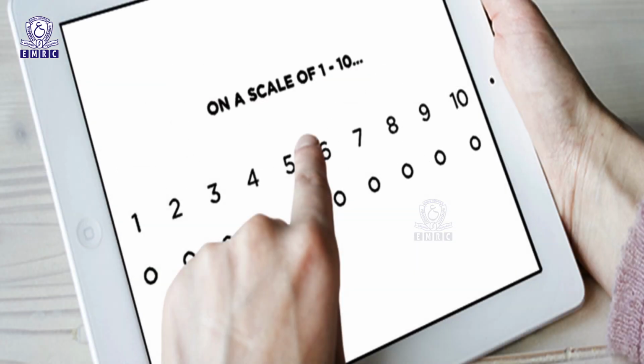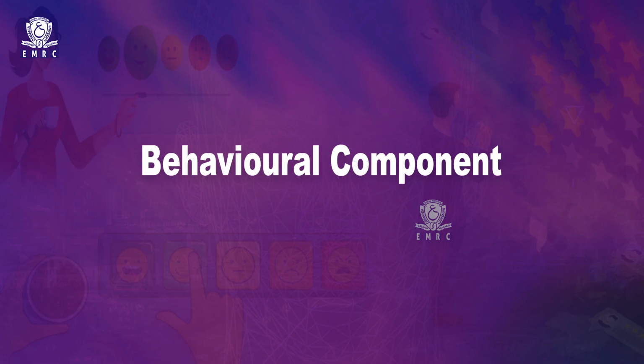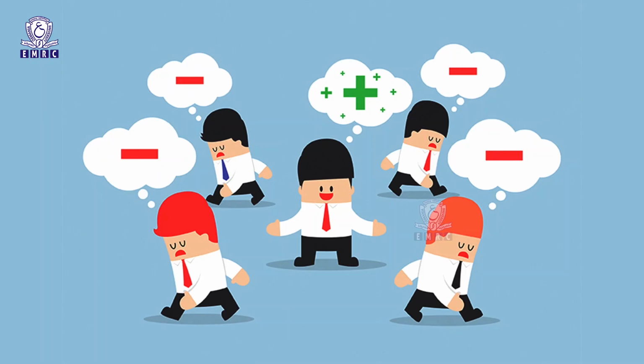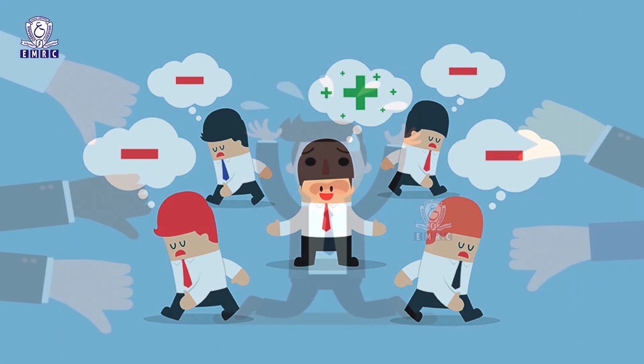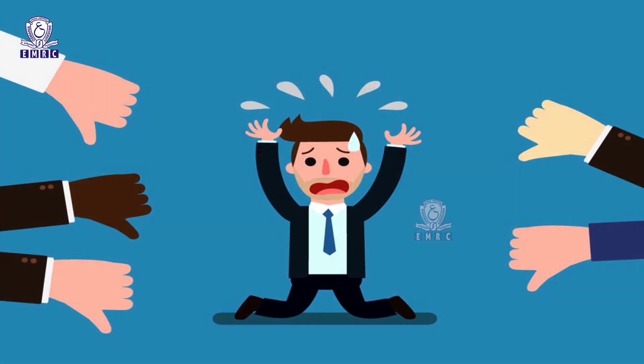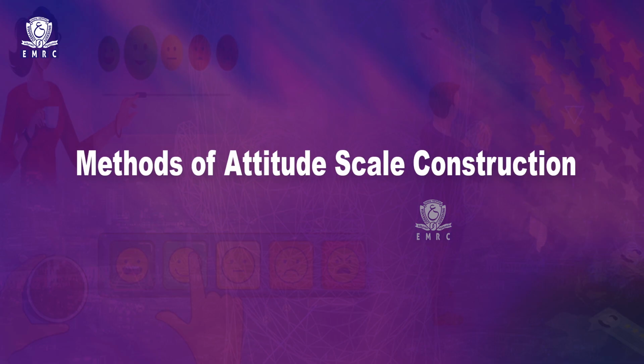This rating provides an index of the emotive value or affective component of each statement. The third element of the attitude, that is the behavioral component, is not assessed. This behavioral component may not be congruent with the expressed attitude as measured on the questionnaire, since other factors also matter a lot. This takes us to the methods of attitude scale construction first.